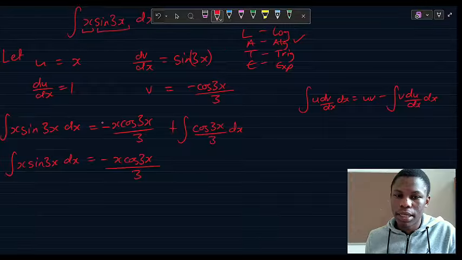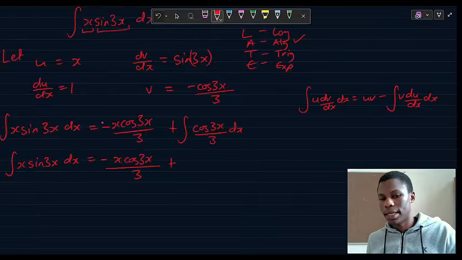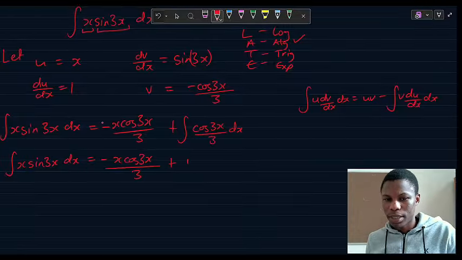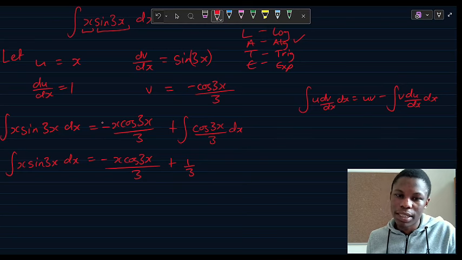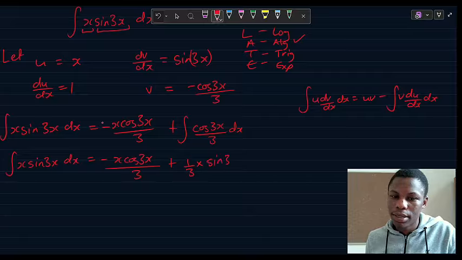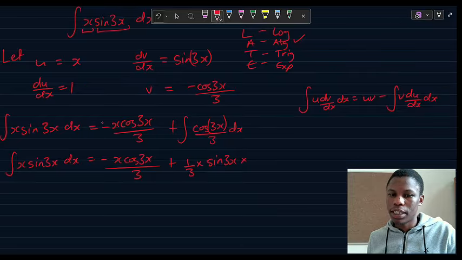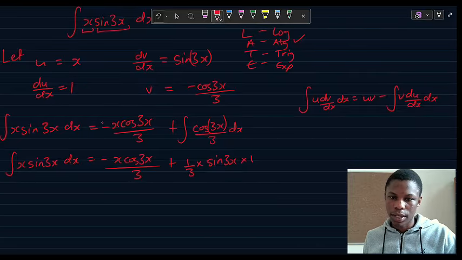And if you integrate cos 3x, remember we have this 1/3. Let me just write that out here immediately. If you integrate cos x, you're going to get a sine. So sine 3x multiplied by, don't forget to differentiate your inner function, so we have to divide by a 3 as well.